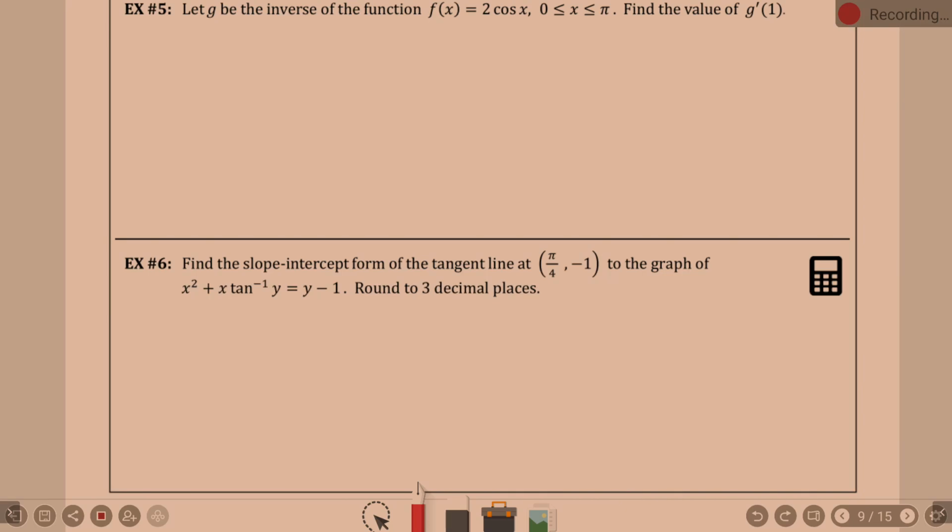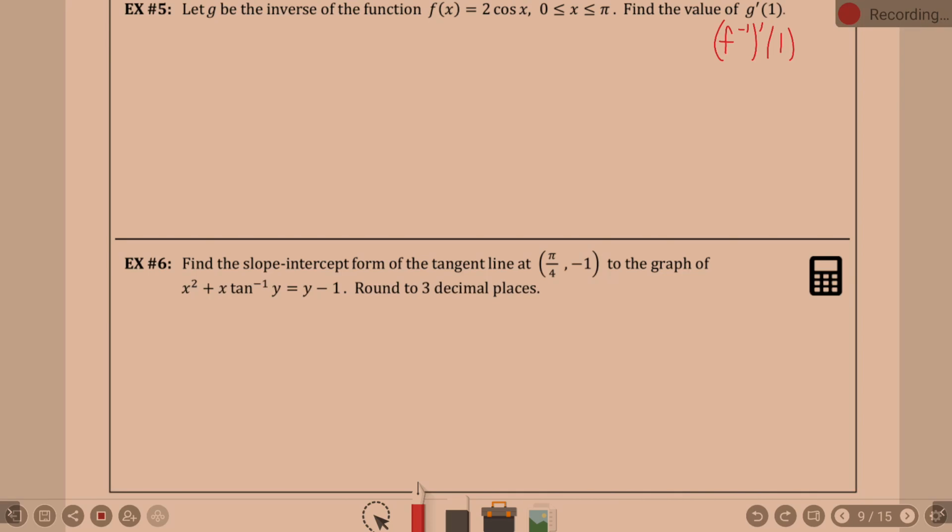So when they say find the value of g prime of 1, they're saying find f inverse prime of 1. I don't know if you think better with g's or with f inverses. I don't care which way you think about it. G is the common abbreviation, but if they want us to find that, do you remember your inverse function definition from the previous lesson?